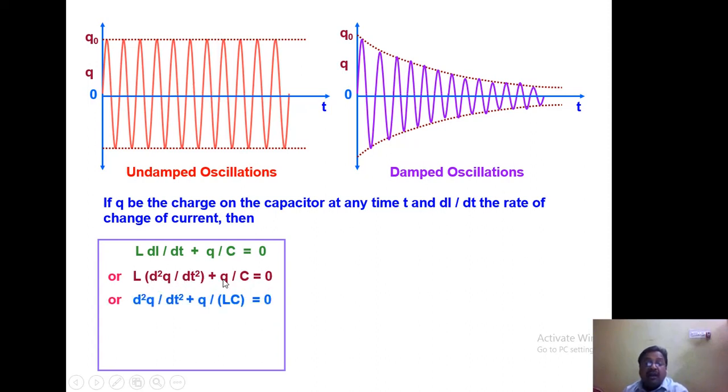Now dividing both the right hand side and left hand side by L, you will get d square q by dt square plus q by LC equals 0. And let us substitute 1 by LC as omega square.